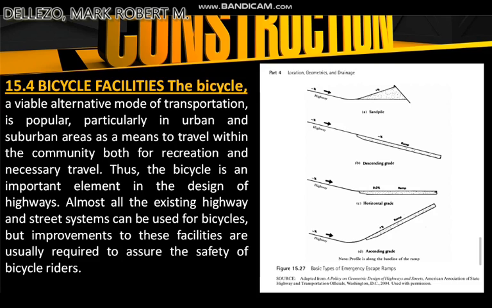Thus, the bicycle is an important element in the design of highways. Also, almost all the existing highway and street systems can be used for bicycles, but improvements to these facilities are usually required to assure the safety of bicycle riders.